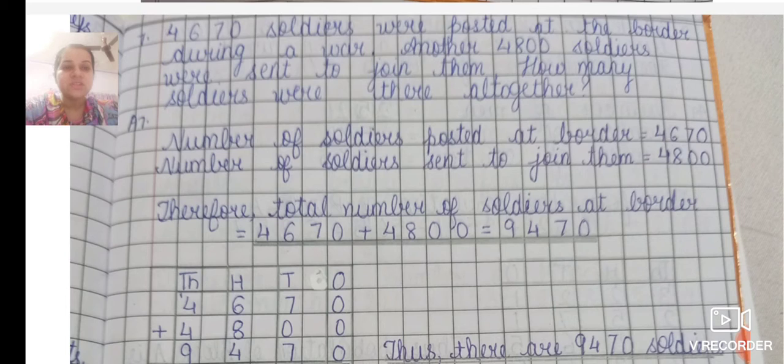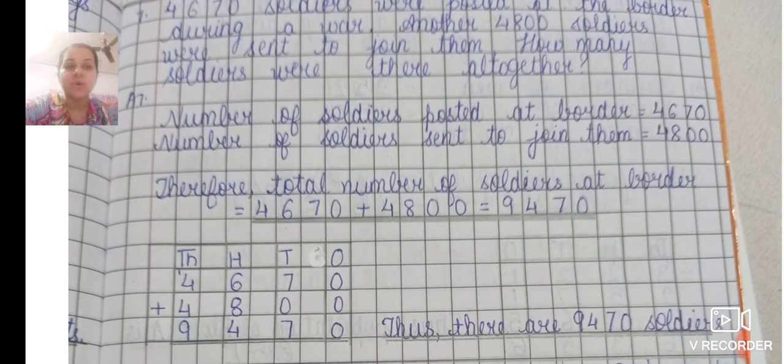How many soldiers were there all together? When it is given all together, you have to find the total number. You will add and find. Now how will you write? You will write number of soldiers posted at border.